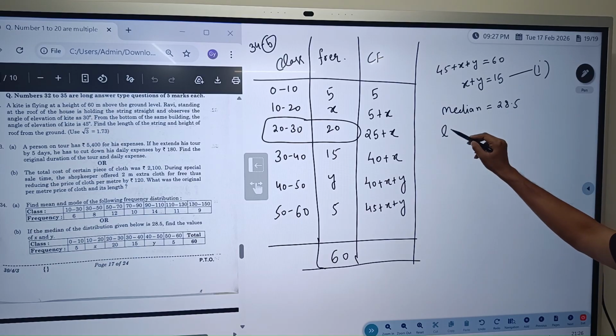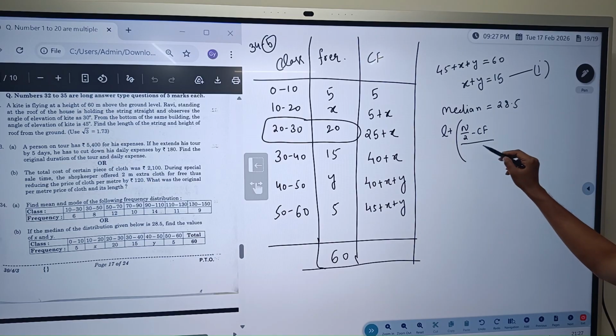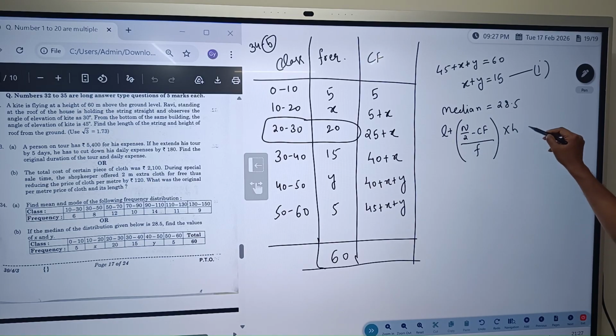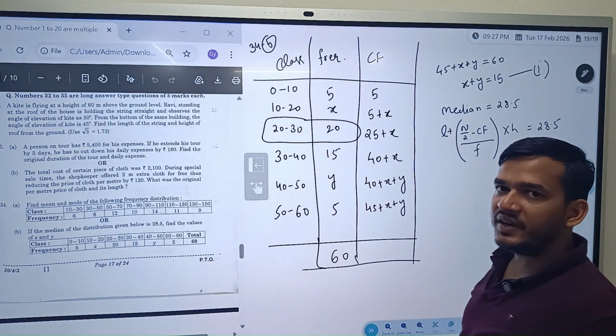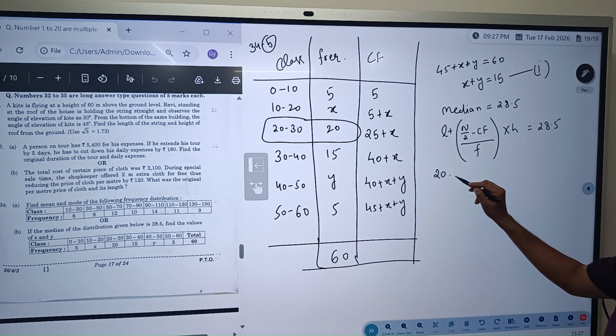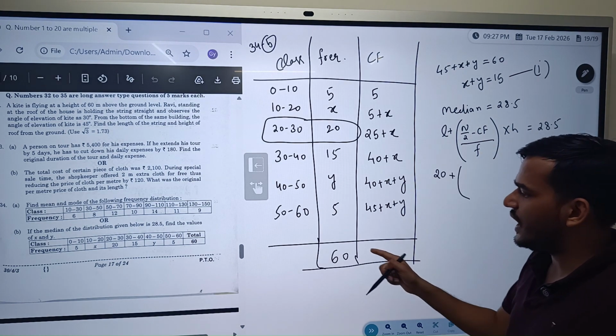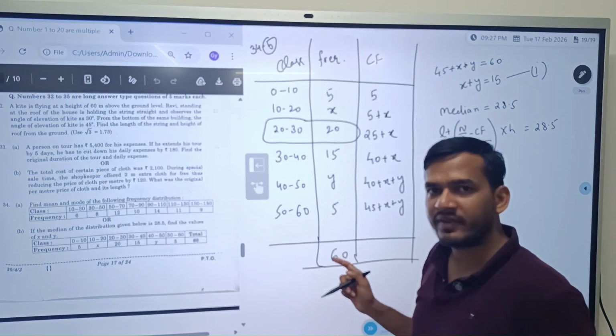So for that we apply the median formula. Median formula is L plus (n by 2 minus Cf) upon f into h. This is 28.5. So we know that 20 to 30 is the median class. So lower limit of the median class is 20. Now n by 2 is half of the total frequency.